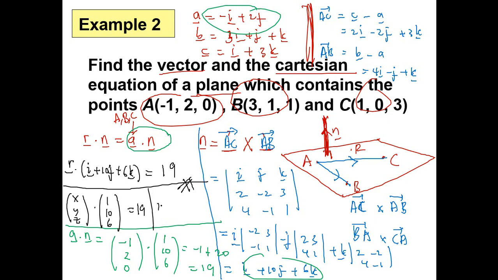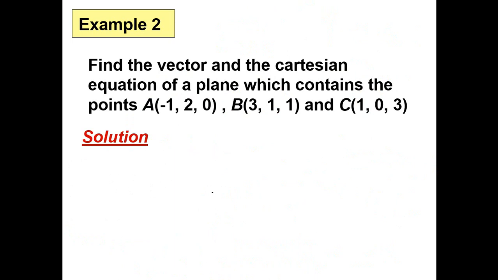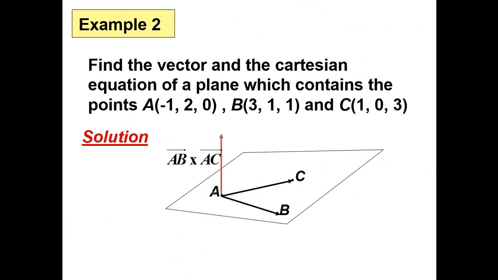Expand: X plus 10Y plus 6Z is equal to 19. This is the Cartesian equation of a plane, or you can see the solution given.